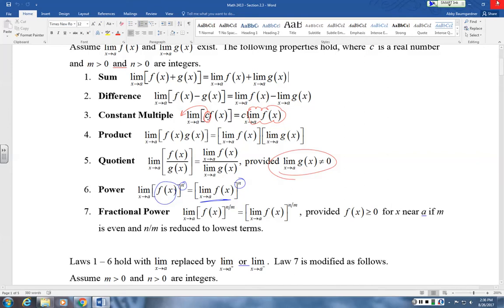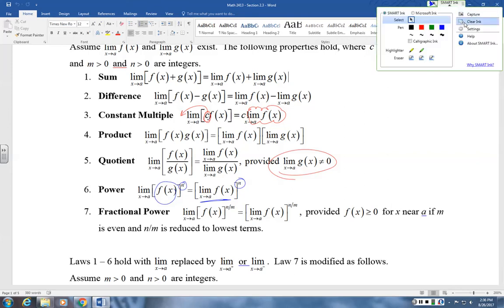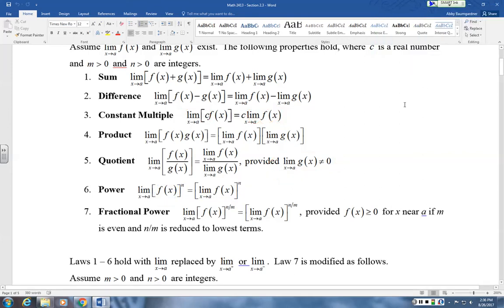The fractional power or the rational power also just depends on which way is easiest. But remember that that fraction often won't reduce, and it will leave us with a rational exponent, which we often will rewrite as a radical. In other words, this will give us roots most of the time.